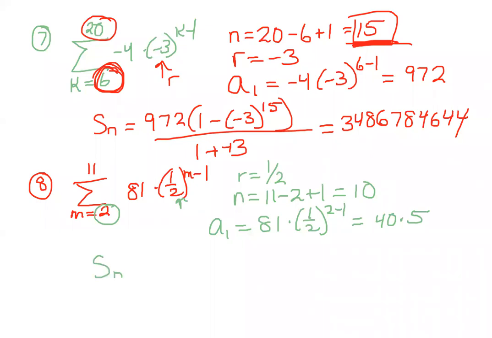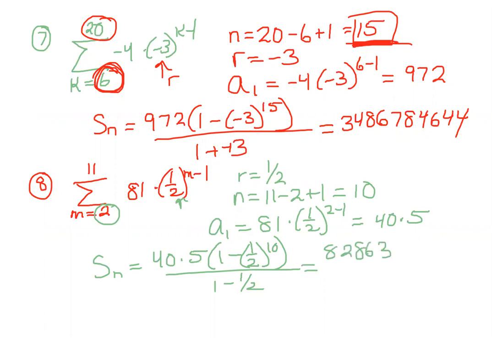And our S_N is 40.5 times 1 minus 1/2 to the 10th power over 1 minus 1/2. And this equals, well, I'll let you know what the actual fraction is if you wanted to figure that out, but that is approximately 80.9209.